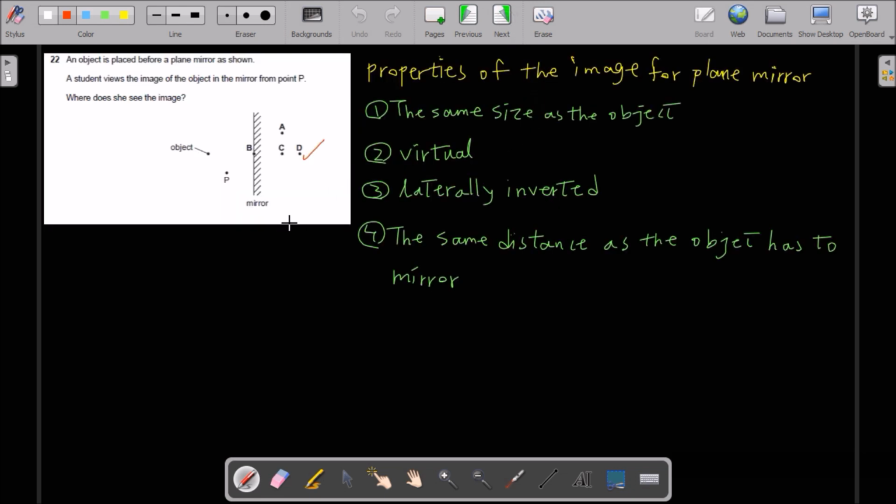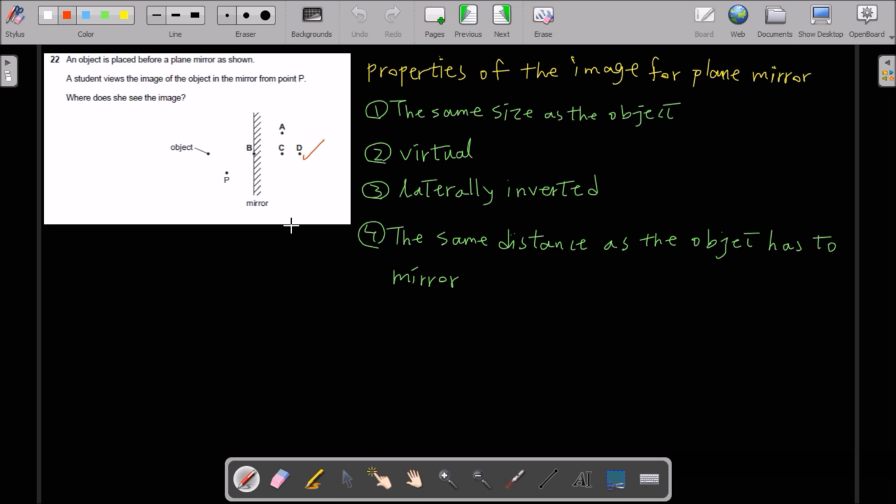An object is placed before a plane mirror as shown. A student views the image of the object in the mirror from point P. Where does she see the image?